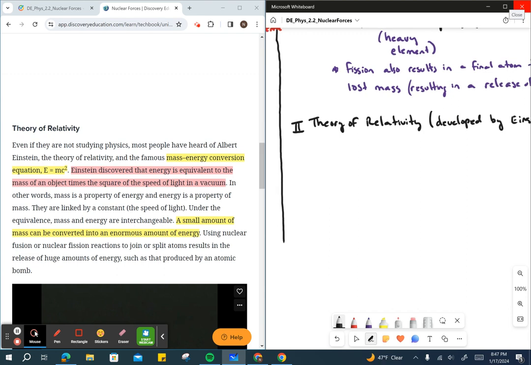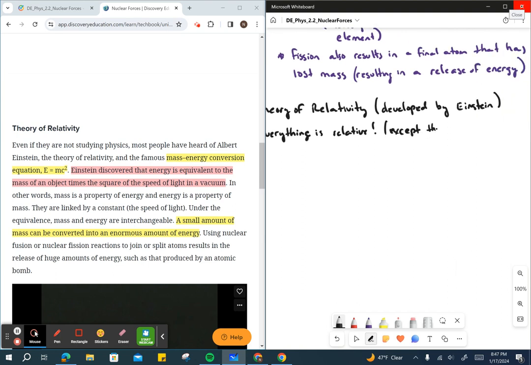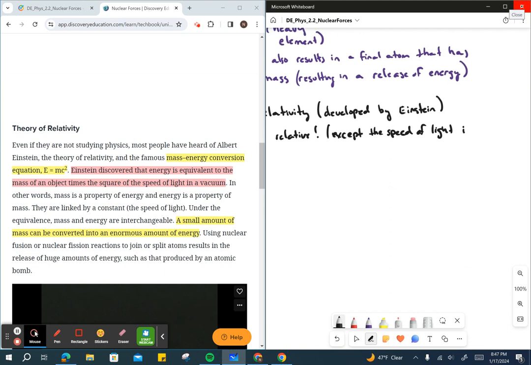Basically, he said that everything is relative. Everything is relative. Sounds too simple. It is too simple. Except the speed of light, in a vacuum.